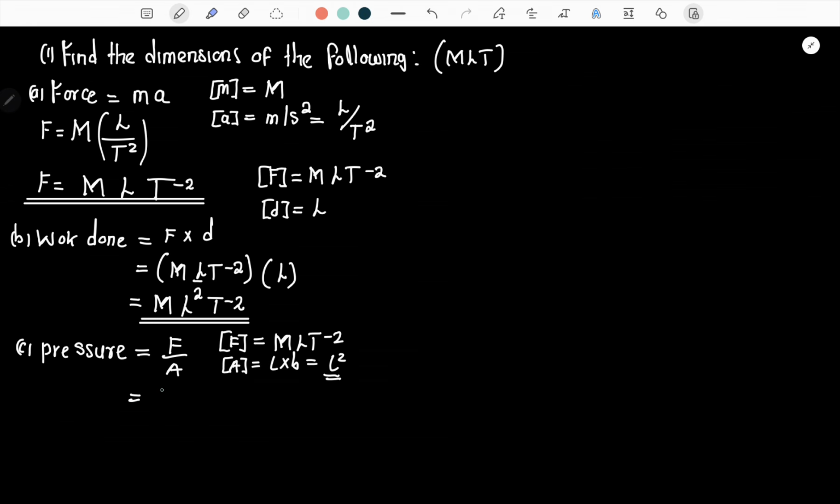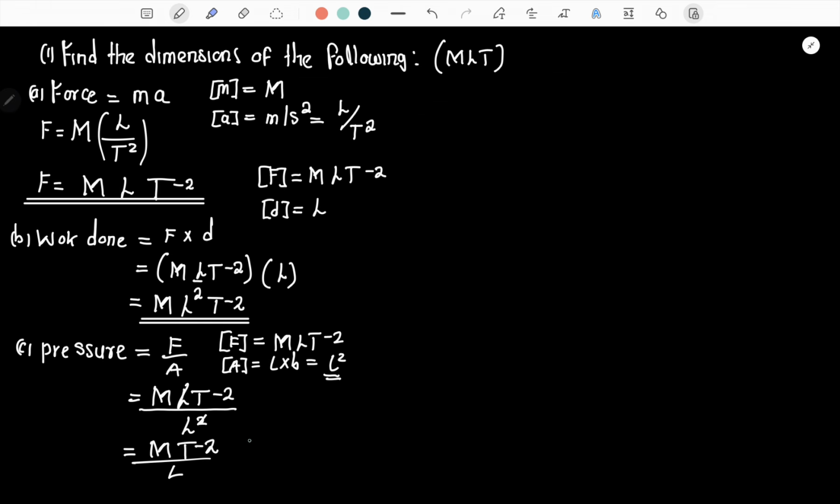So where there is force in MLT, you're going to put it like this. You put your dimensions of force over, then you put your L to the power 2. Notice that this L and this to the power 2 are going to cancel. Then you are going to remain with M, T to the power negative 2 over L. So how do you put that in MLT concept?